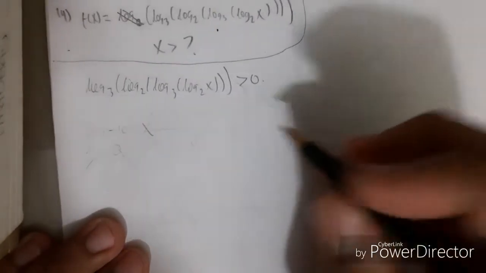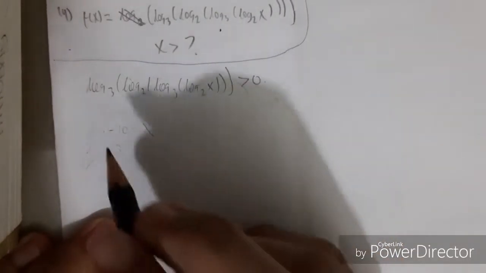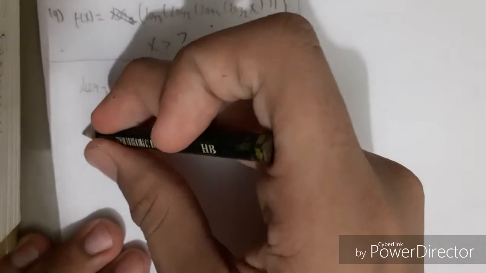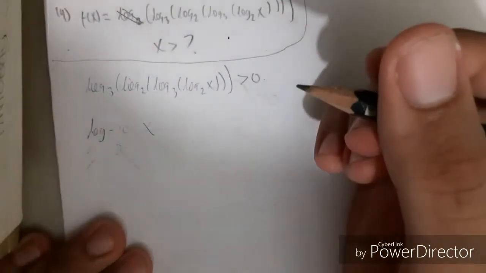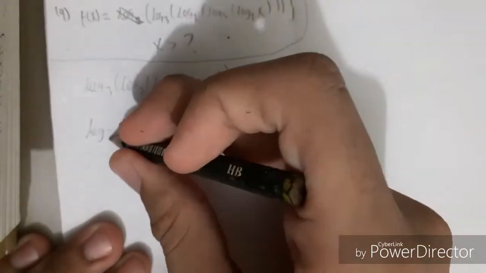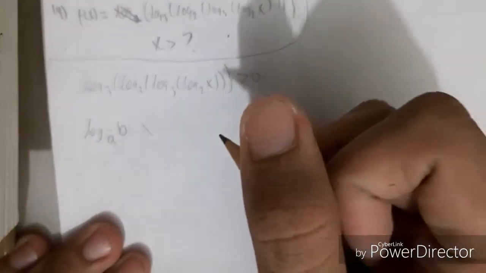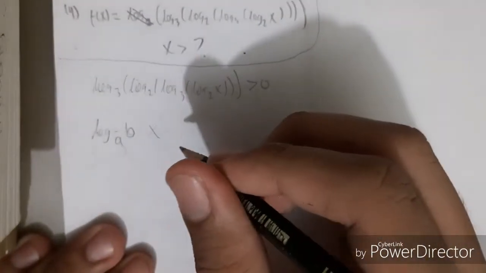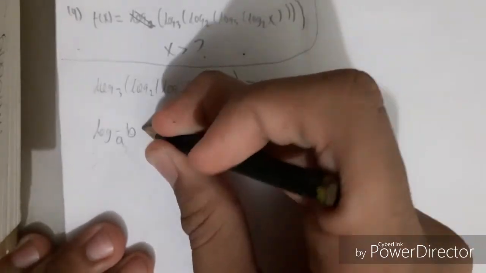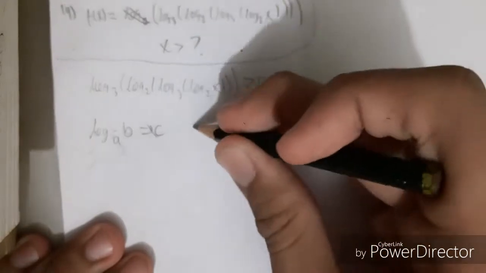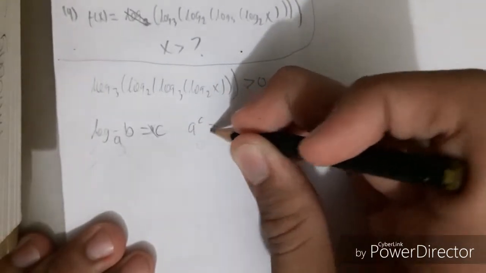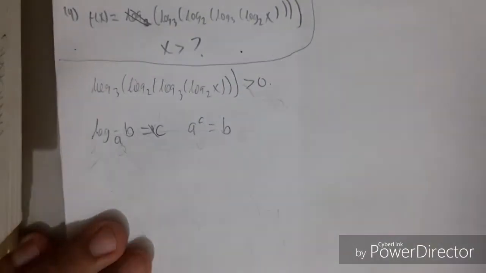So for this particular question, let me explain some basics of the identity of the logarithm itself. Now, log a of b, this is the example. If this is equal to c, then the original identity is a to the power of c is b.